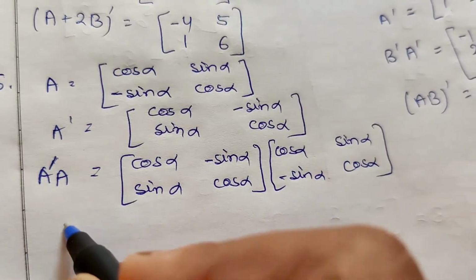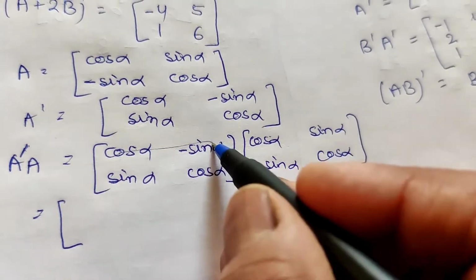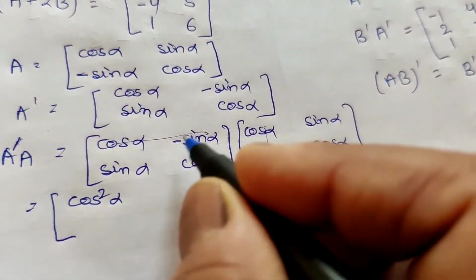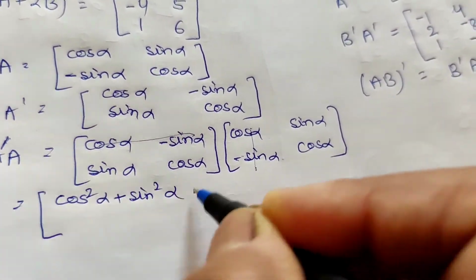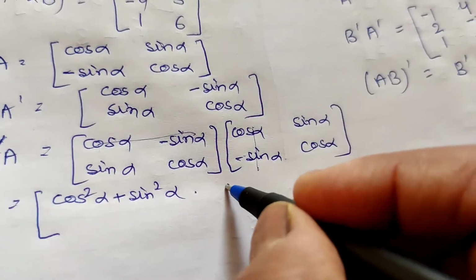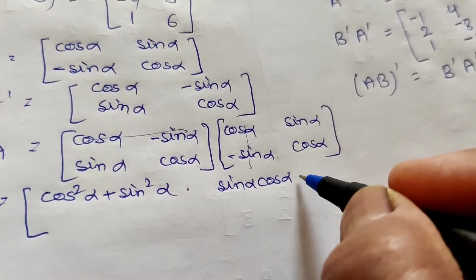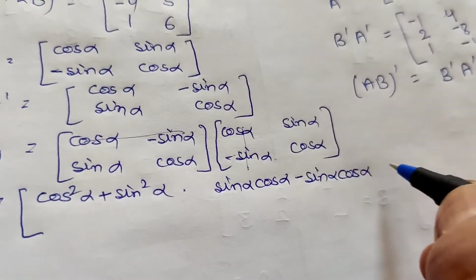Now do the product. First row, first column: cos square alpha plus sin square alpha. First row, second column: sin alpha cos alpha minus sin alpha cos alpha.